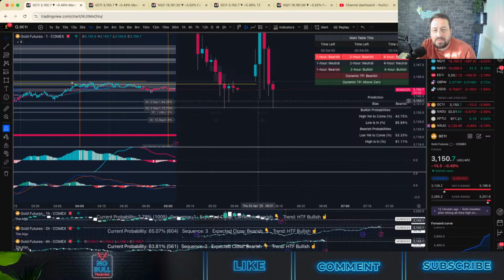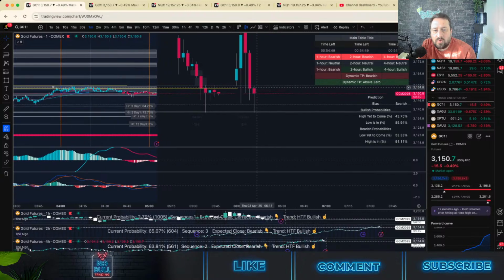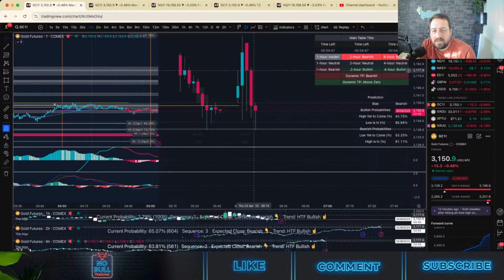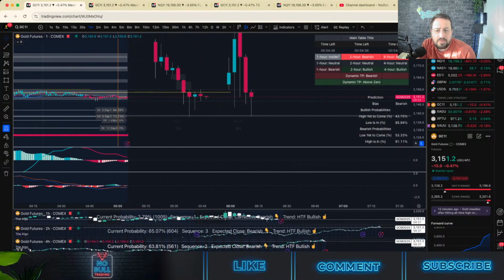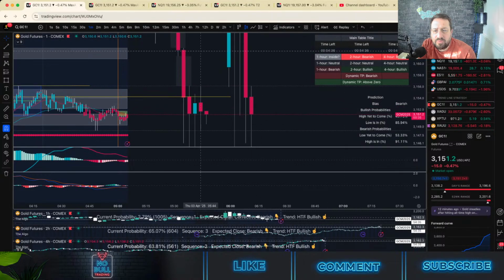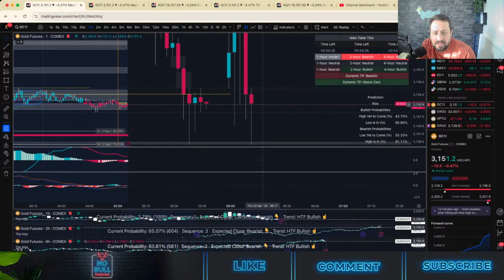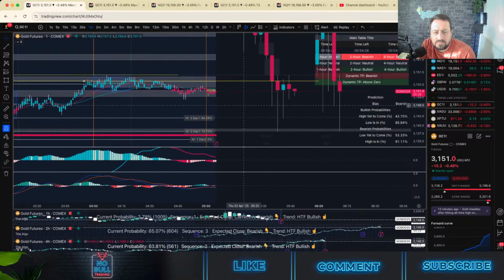So if this is going to close like this, then the 4 hour needs to stay around here. Will the 4 hour flip and close bullish, and then the next 4 hour we might get a pull back up to fill this VIB that's open, the gap we got here. That's what I was looking at from a price action point of view. We just need to wait and see how that plays out.